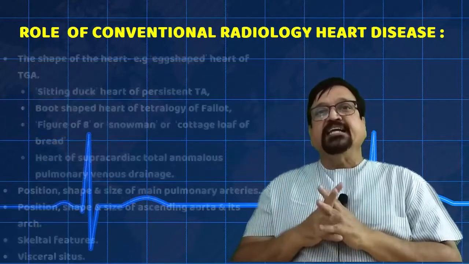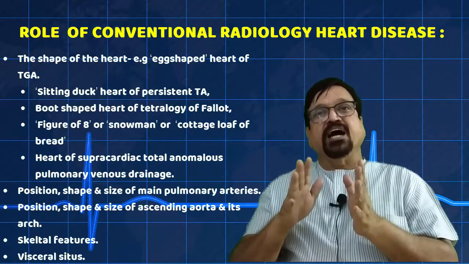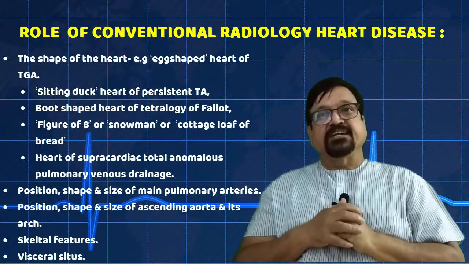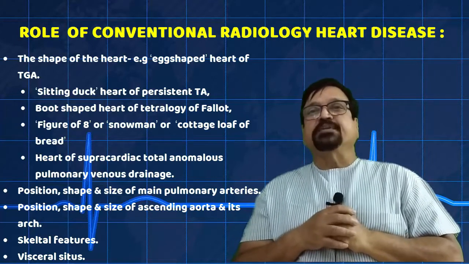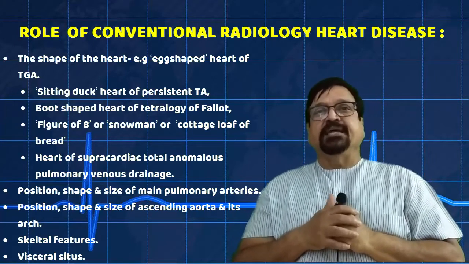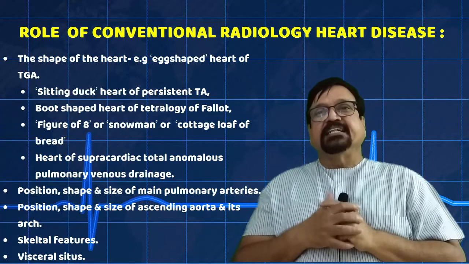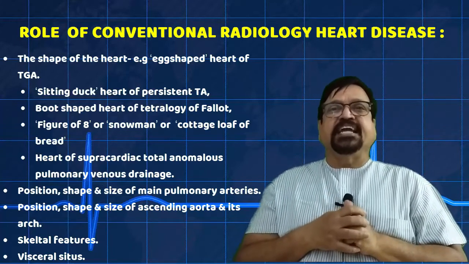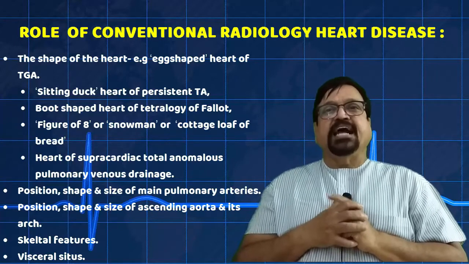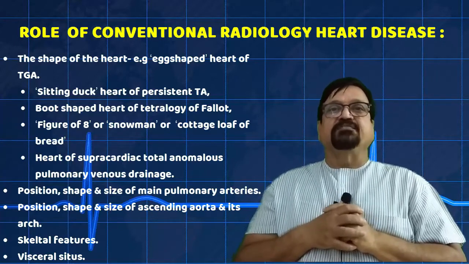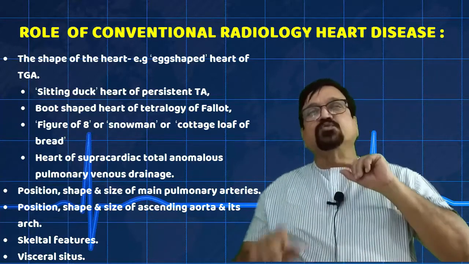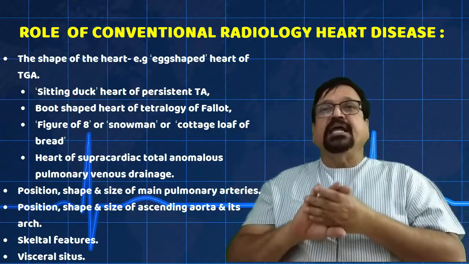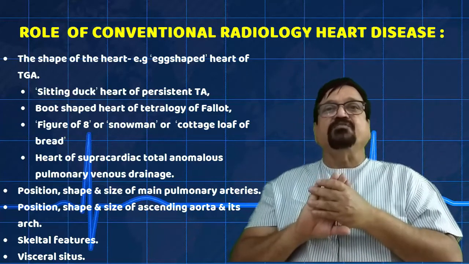Third is the shape of the heart. The shape of the heart can be egg shaped, that is usually seen in truncus and transposition of great vessels. Then it can be a sitting duck, that occurs in persistent truncus arteriosus. Then it can be boot shaped, as it occurs in tetralogy of Fallot, or it can be a figure of 8, that is a snowman, or a cottage loaf of bread.